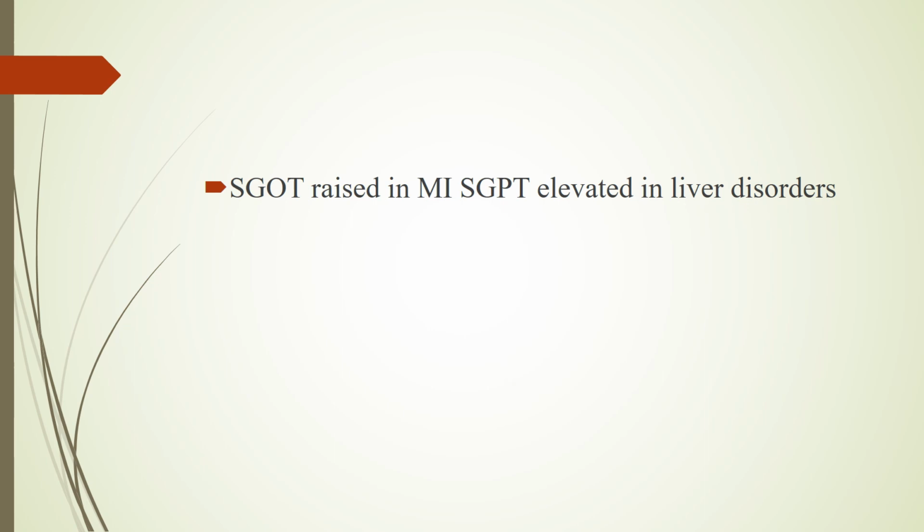Next point, SGOT is raised in myocardial infarction, whereas SGPT is elevated in liver disorders. SGOT is serum glutamic oxaloacetic transaminase or AST, and SGPT is serum glutamate pyruvate transaminase or ALT.